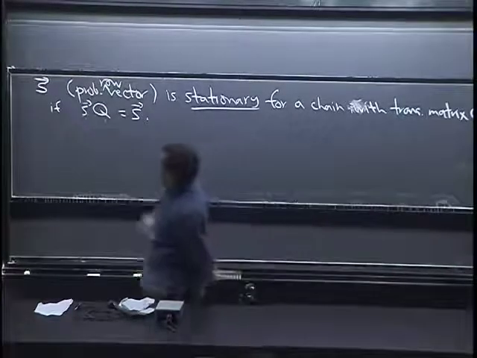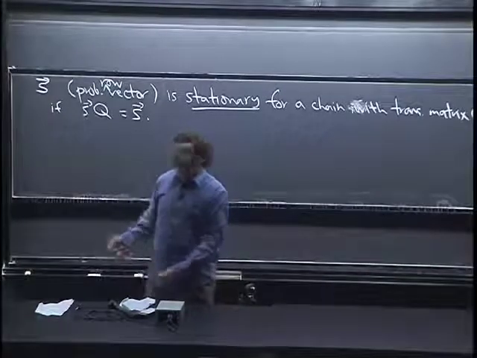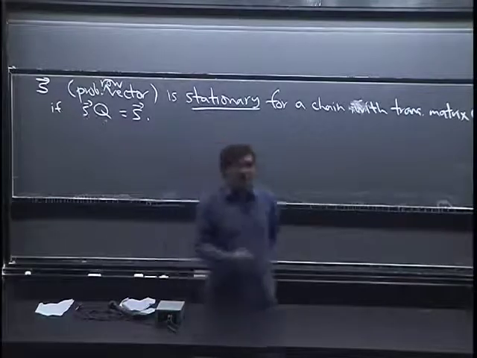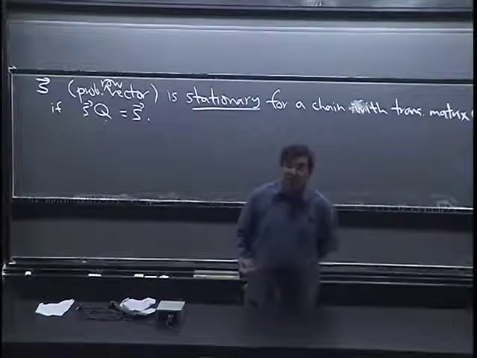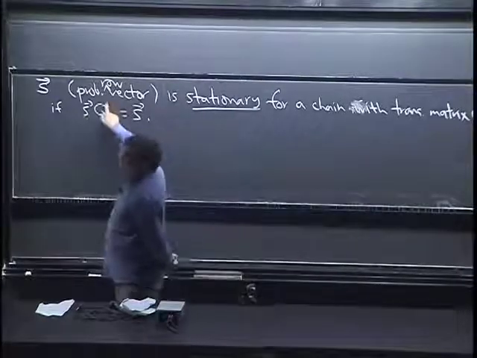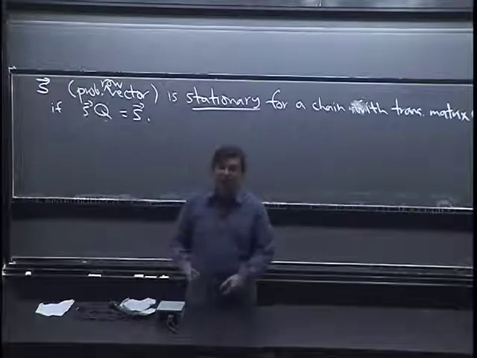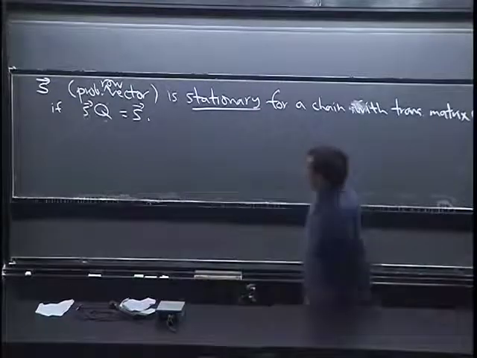So we're picking a random state according to S, letting the chain evolve one step, and this will be the distribution after one step. And if we want 2 steps, we would do S Q squared, and if we want 3 steps, we do S Q cubed, and so on. So powers of Q are telling us the higher transitions, like the probability of going from state i to j in some certain number of steps. We talked about that last time.